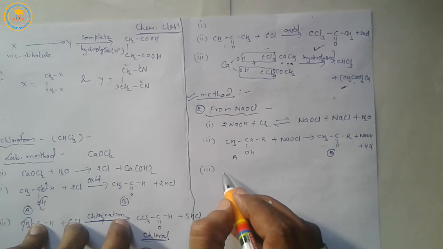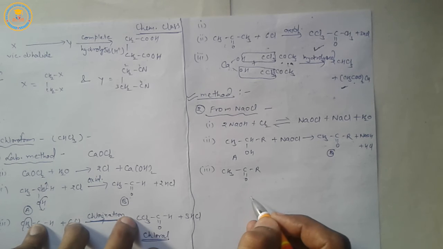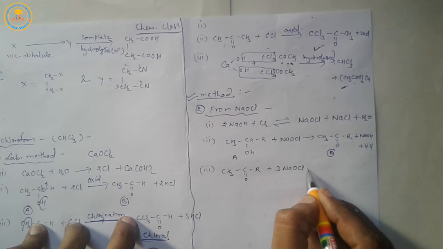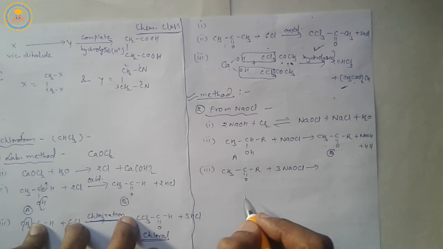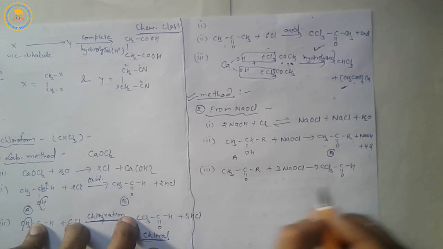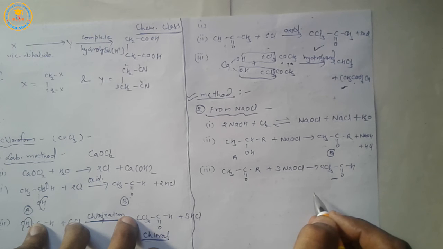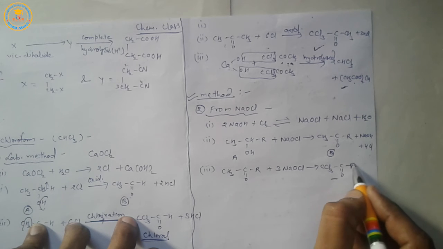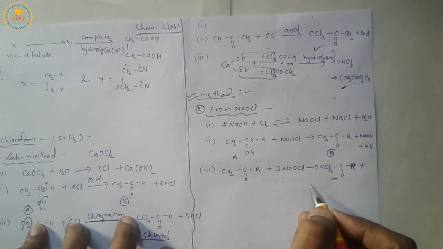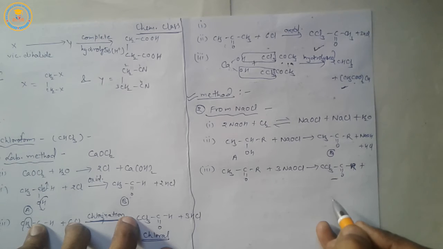So compound B, which is a carbonyl compound, reacts with 3 molecules of sodium hypochlorite, then after chlorination its trichloro derivative is formed. R means alkyl group.